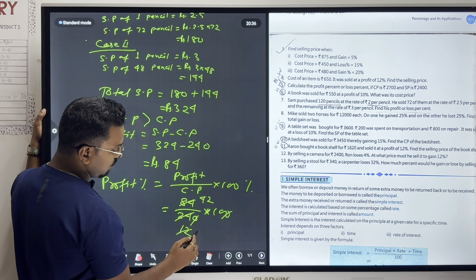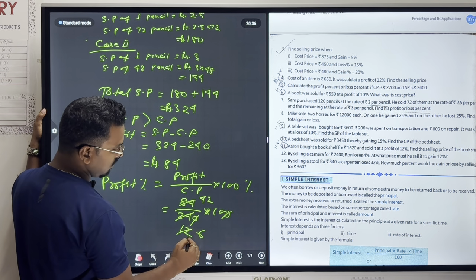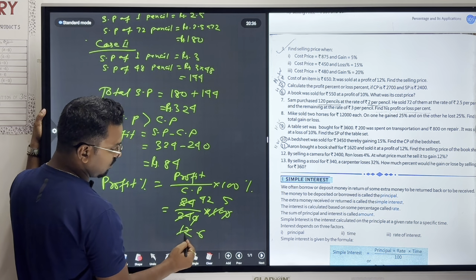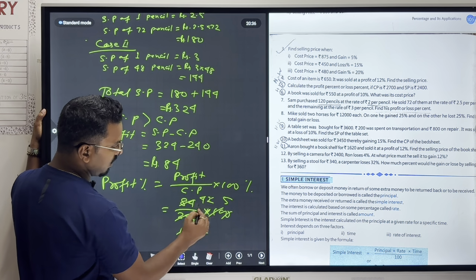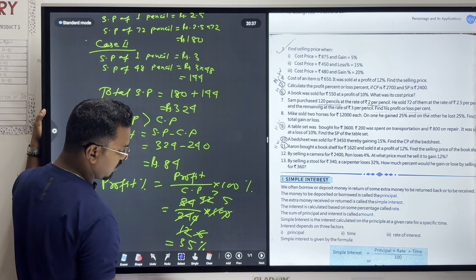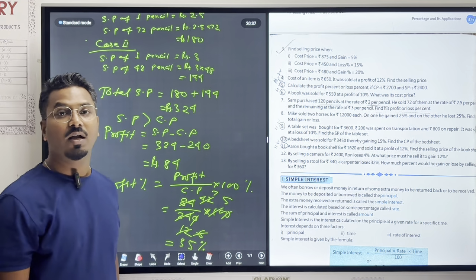Again 2, this will become 6, this will become 5. 2 fives are 10, 6 sevens are 42. So how much percent? 35% profit.